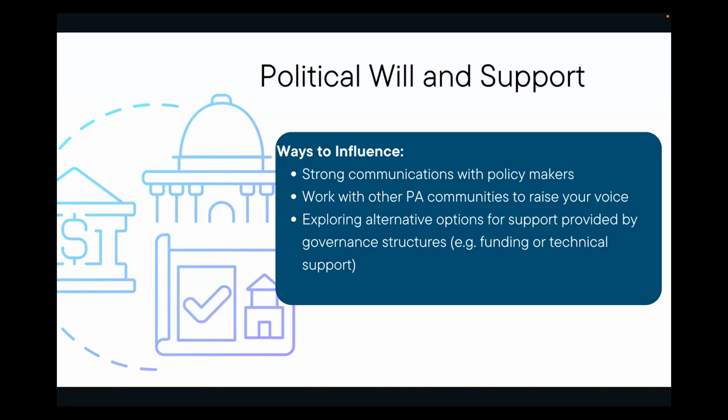So a lot of you guys have these networks in your islands where you're bringing protected areas together, and using those groups to elevate the voices of an interest of protected areas is really important. And then just exploring alternative options for support for things like funding. So looking at grant opportunities or NGO partners where you might not get the government support.